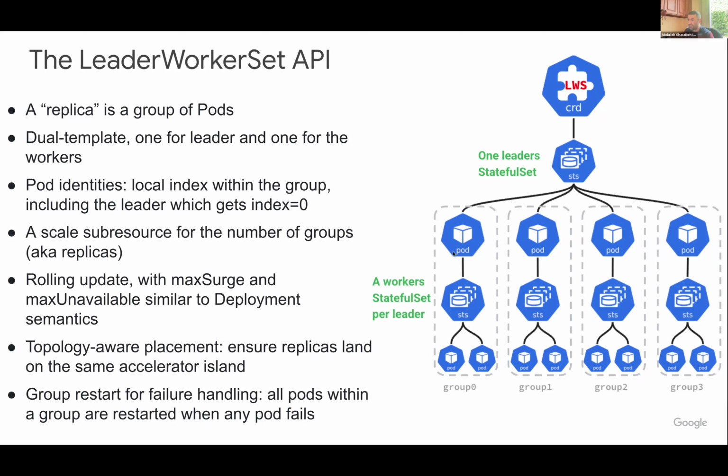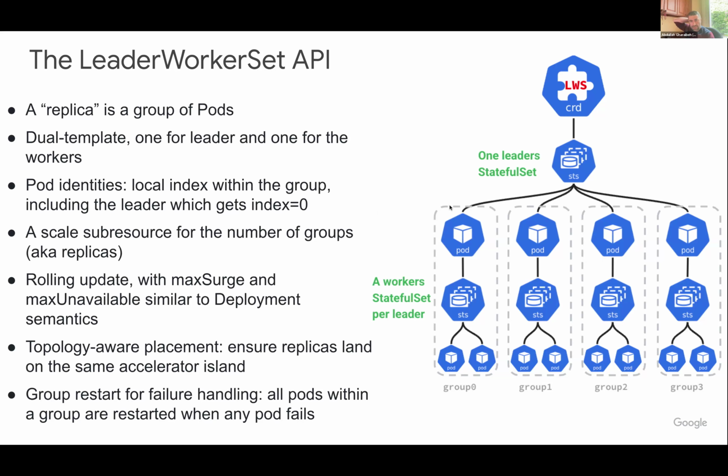So you will have local indices for these pods. The leader is going to get index 0. The workers will get the rest, like 1, 2, etc. So this is a group of 3: 0, 1, 2. This is 0, 1, 2, 0, 1, 2, within each group, right? They have local indices. Now the groups themselves will also have an index: group 0, group 1, group 2, group 3.